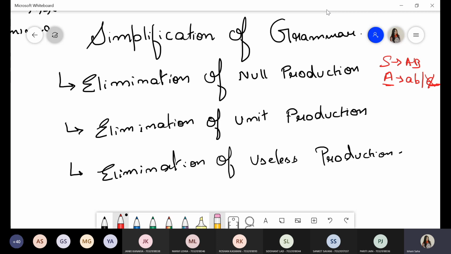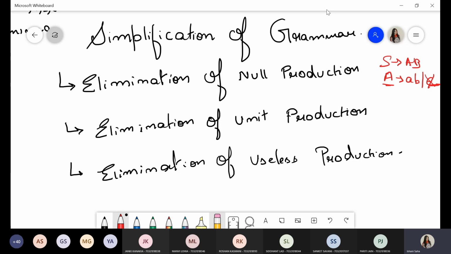We will do some other process so that one way or the other we get the proper answer. The same strings that we were generating with that production are the same after simplifying it. So we'll follow a particular process and then only we'll remove. We are not going to directly remove it.